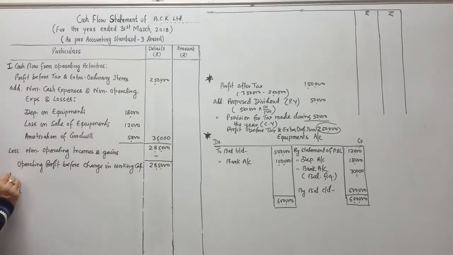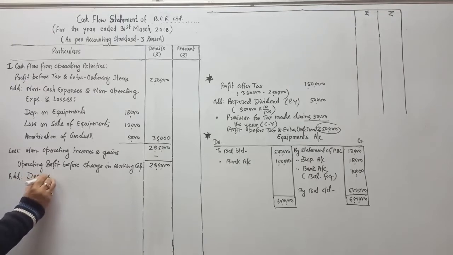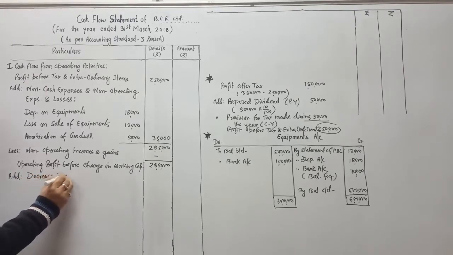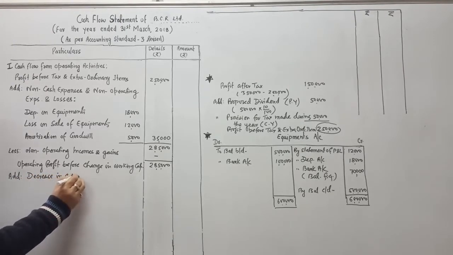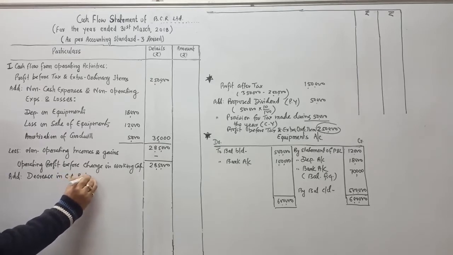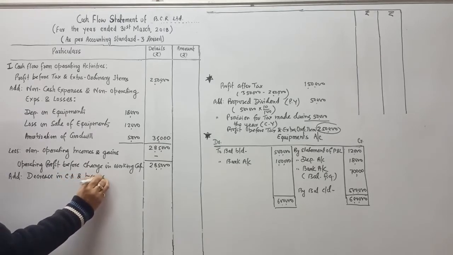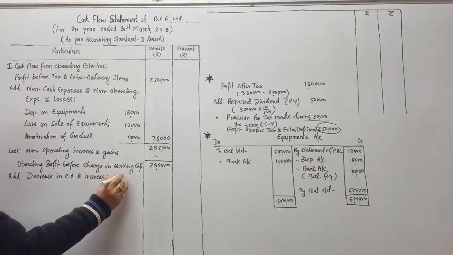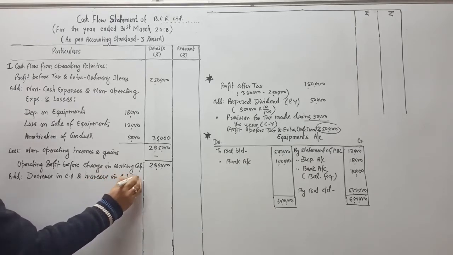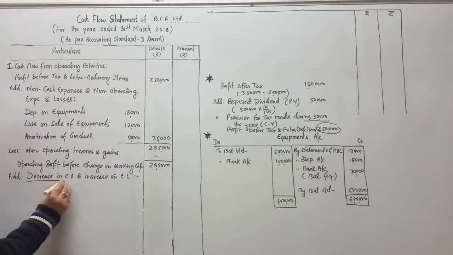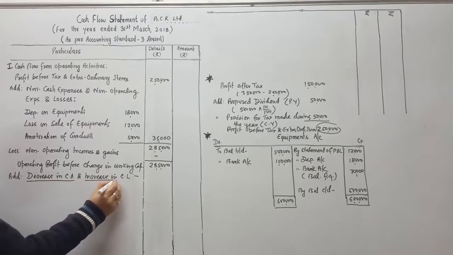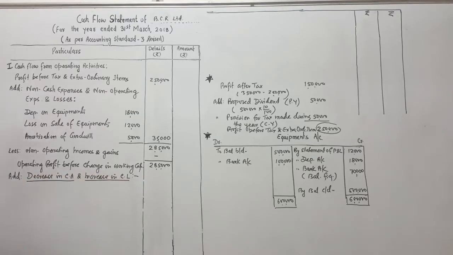Then we will add, thereafter the addition will be decrease in current assets and increase in current liability. This we will add. Decrease in current assets and increase in current liability, we will add it.